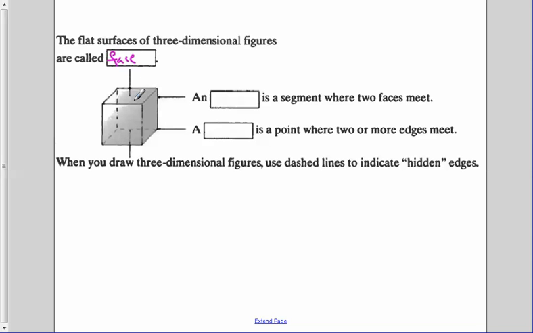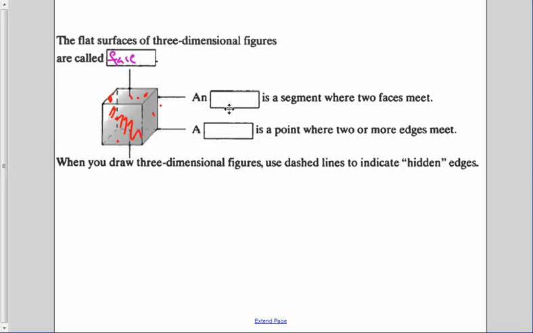I've got this back side, that'd be 1. I've got this left side, the right side, so that's 3. The bottom, 4. And then I've got the top, and so that'd be 5. And then I'd have the front face here, and that'd be 6.